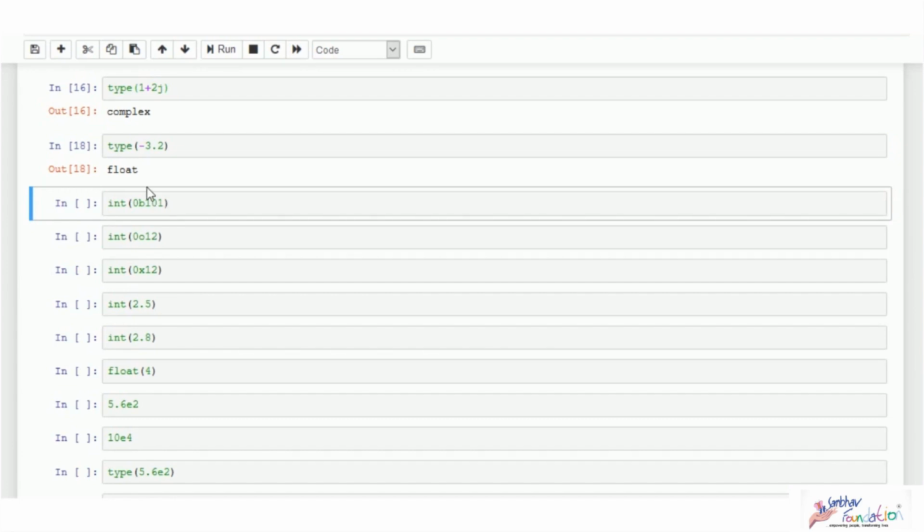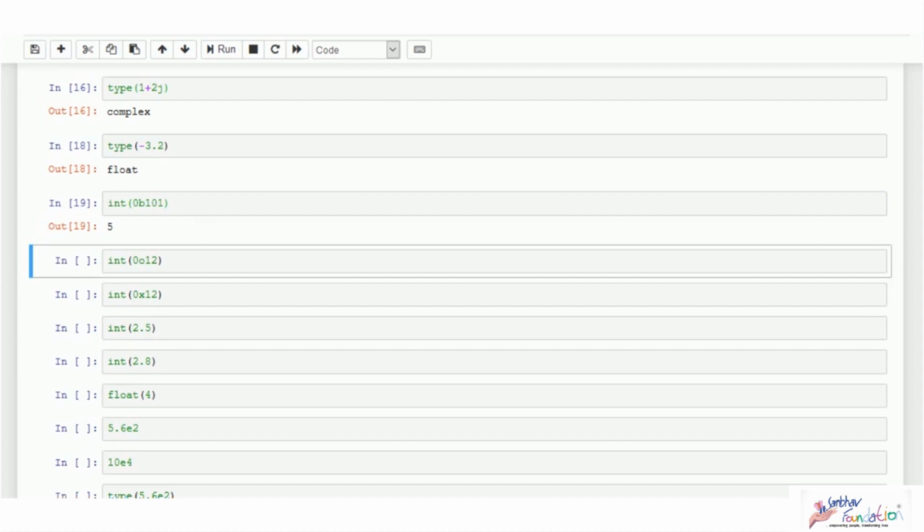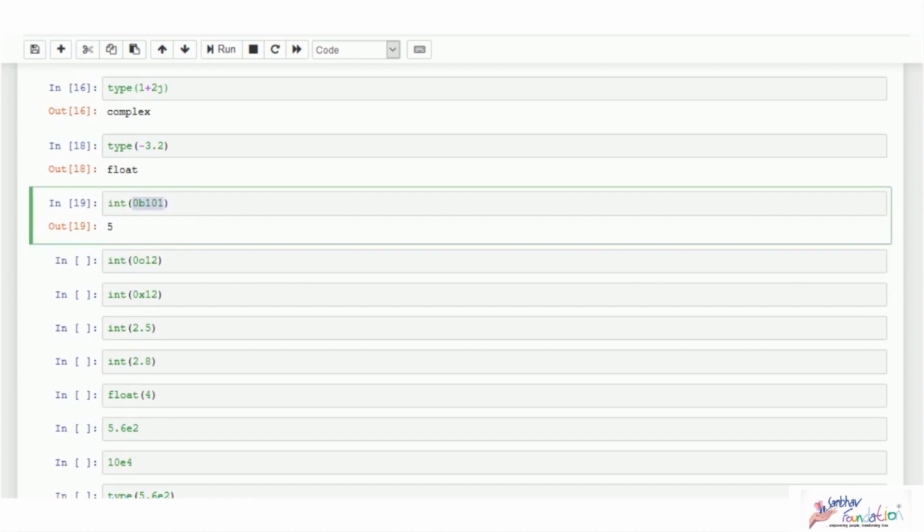One thing I would like to mention is that in Python we can convert one data type into another if they are compatible. If you need the integer values of other data types, you can use the int function to convert. As you can see, again, this is a function. When you use this int function, the value is converted into an integer and the output is shown to us.